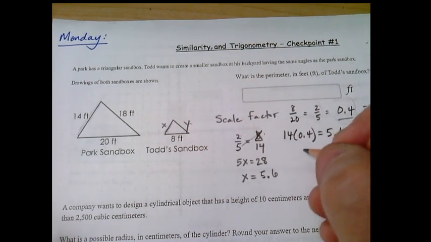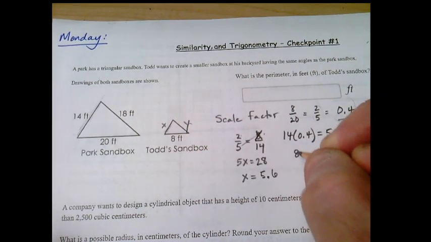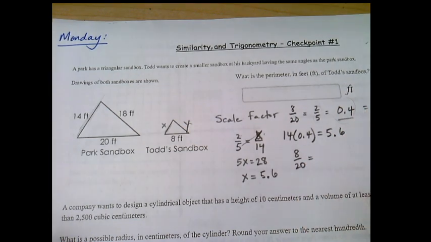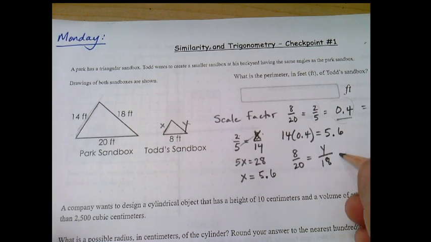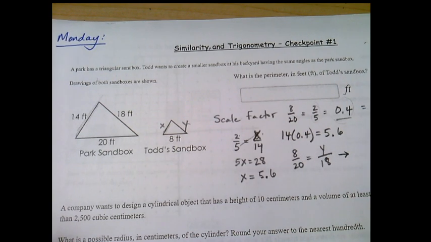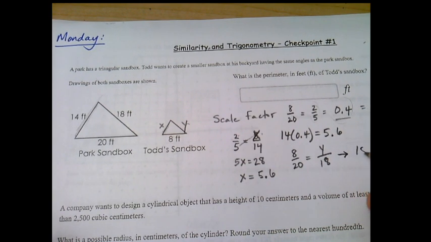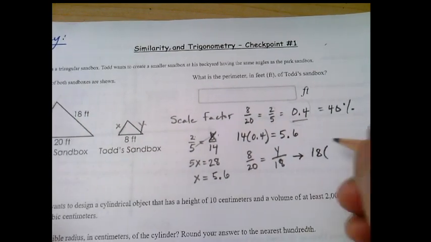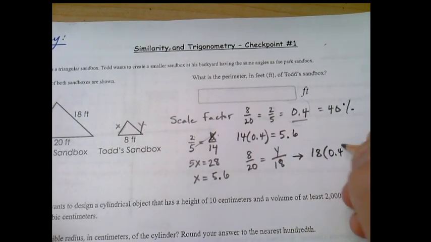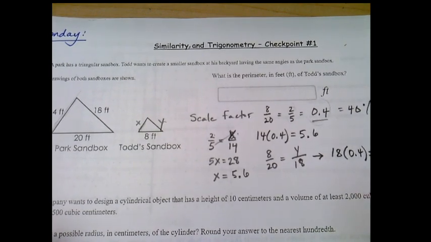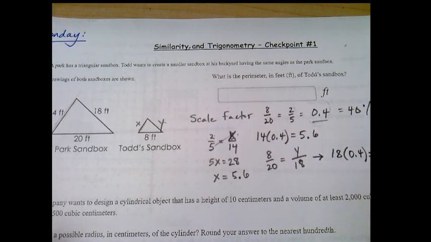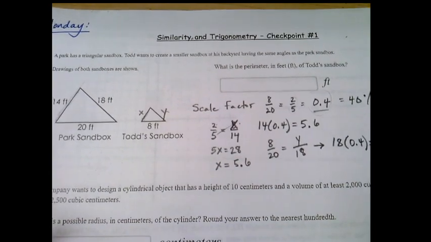You can set up your proportion again. Maybe I'll use 8/20 this time equals y over 18. And now this will be the exact same thing as taking 18 and multiplying that by 0.4, okay? Now, either way, you're going to get 7.2 for the length of y, okay?